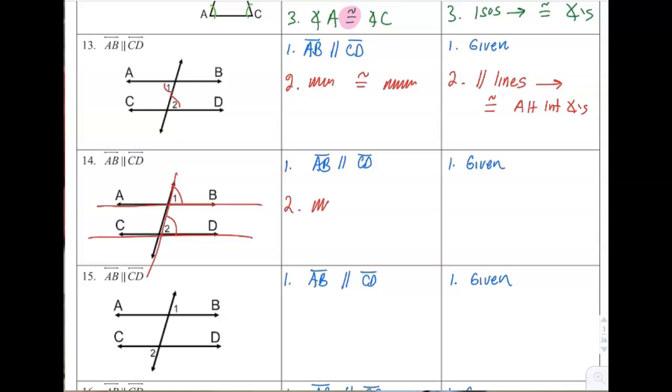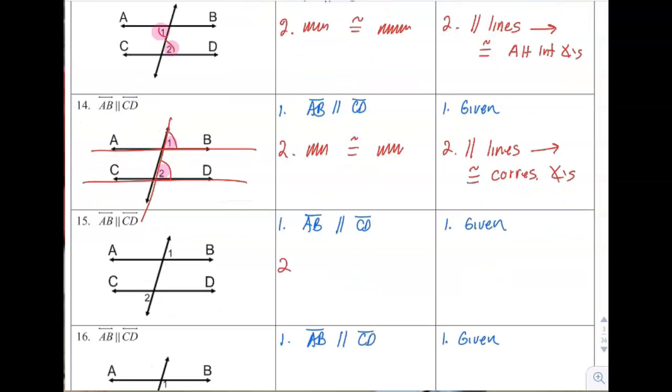This time angle 1 is congruent to angle 2 because parallel lines lead to congruent corresponding angles, right? These two angles are corresponding, where up here they were alternate interior.